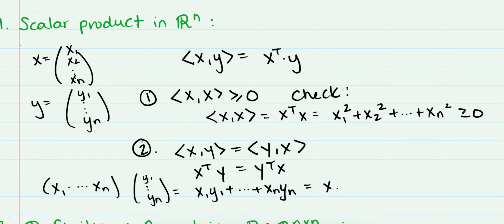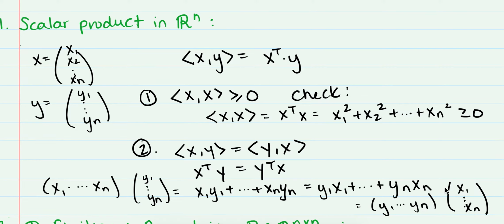So you can make this y1 x1 to yn xn, but that is y transpose times x.